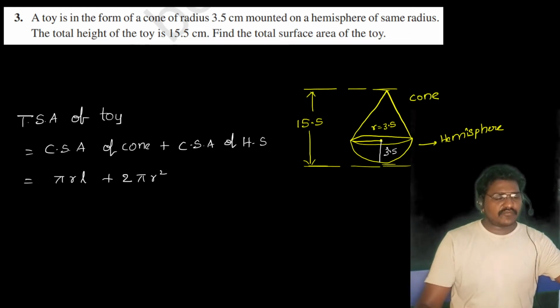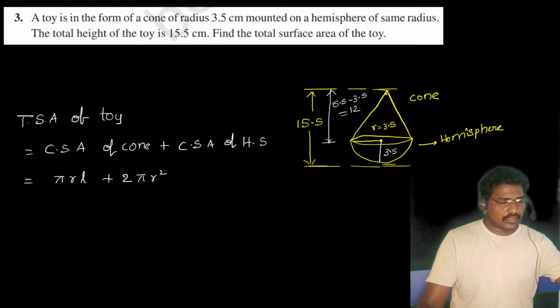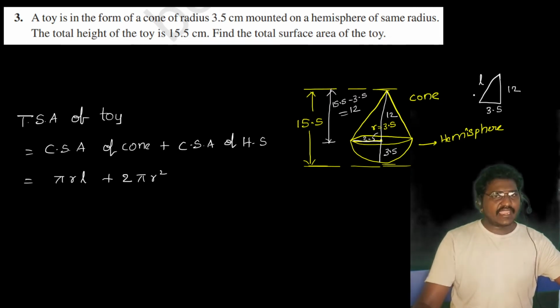Now the total toy height is 15.5. So to get the remaining height of the cone, you should subtract 15.5 minus 3.5. That will become 12. So this will be 12, and this will be 3.5.